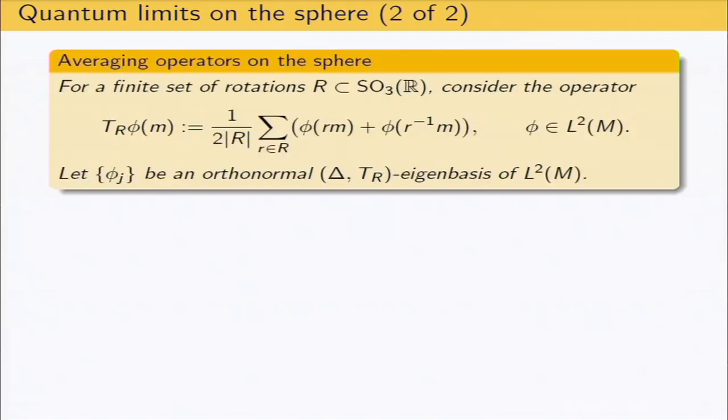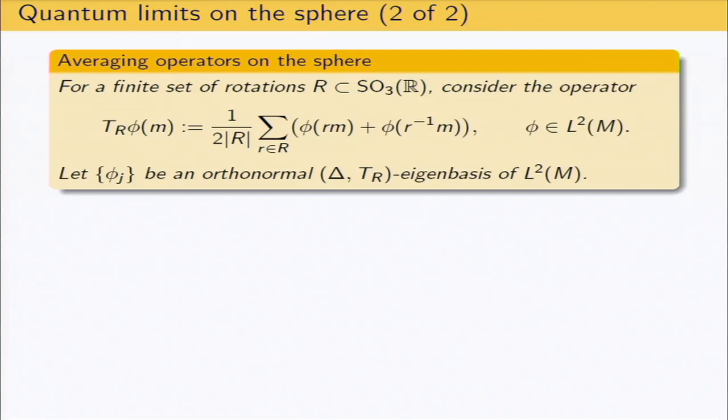Okay, so we discussed the standard basis and the random basis, and at this point, you would like to see some non-random, that is concrete, basis that behaves more like the typical or the random basis, and for which we shall consider Hecke-like operators or averaging operators on the sphere. Take a finite set of rotations, and for each rotation and its inverse, form this sum.